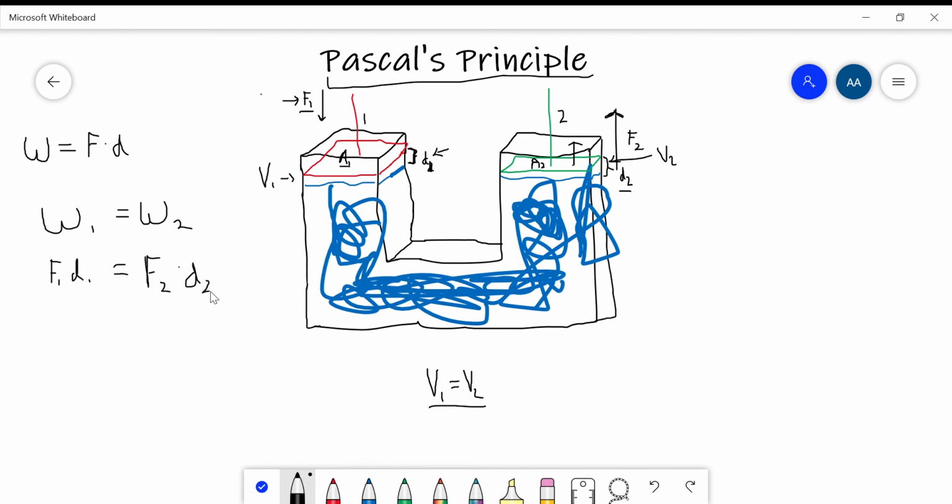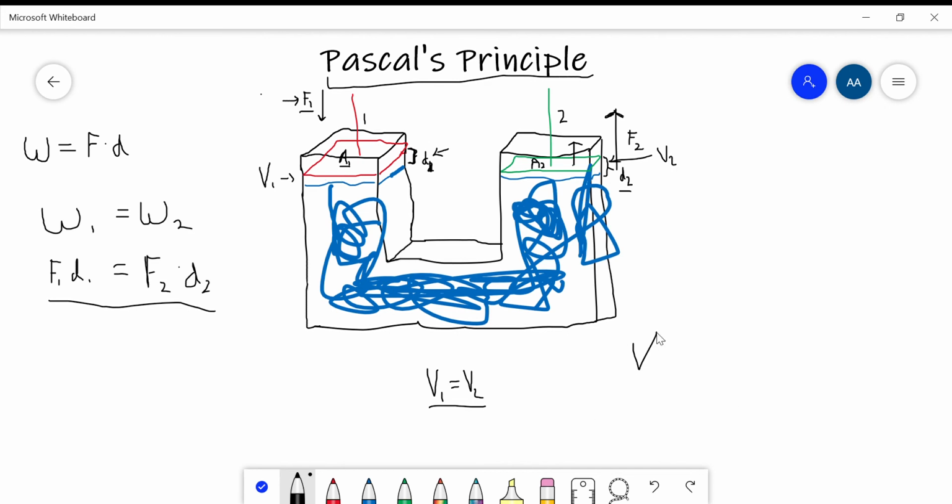Now this isn't Pascal's principle, and we're going to see what it is in just a bit. And so what I'm going to do next is find out what the volume of water displaced is in terms of A and D. And this is actually simpler than you might think.